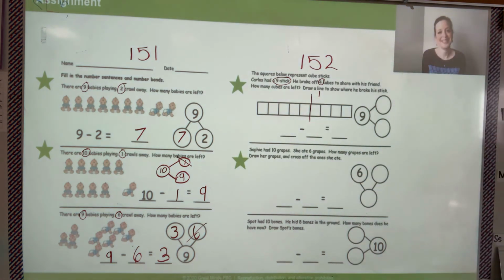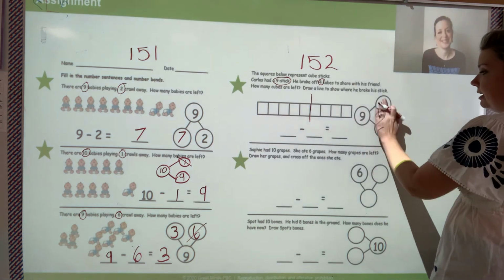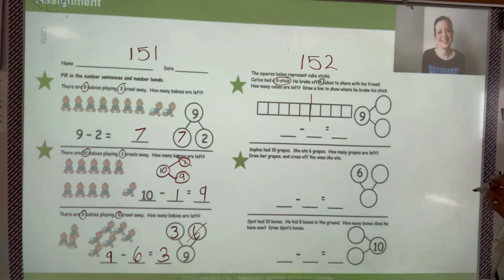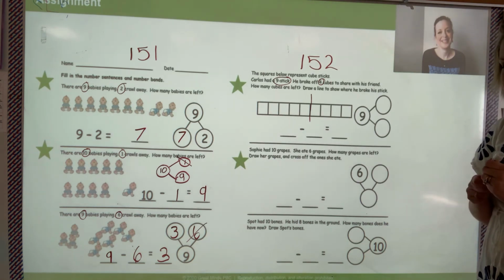That's where he broke them off. Now, we need to fill in our number bond and number sentence. Go ahead and do that, and then raise your hand if you'd like to share.